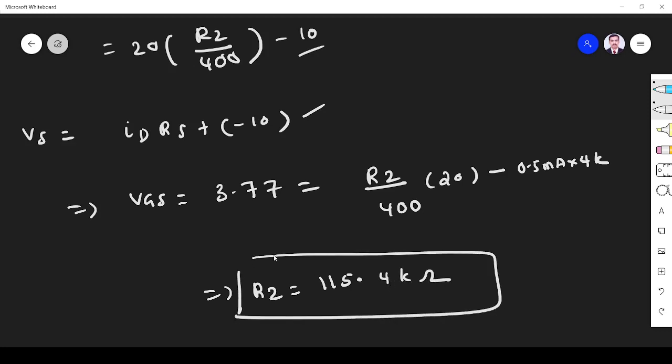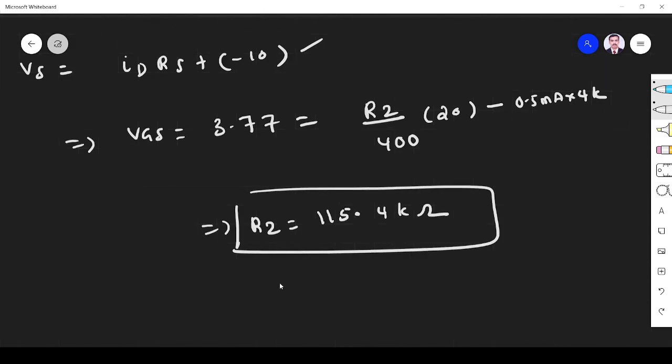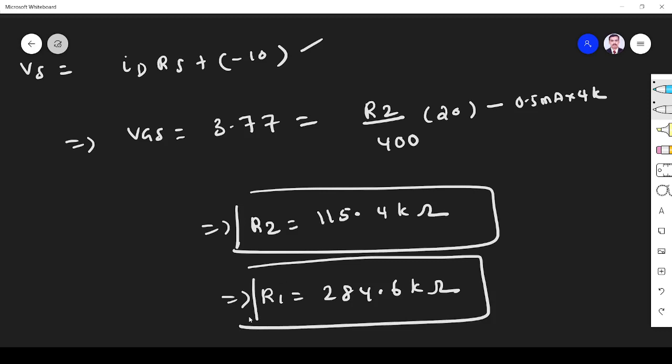We know R1 plus R2 is 400, so R1 is equal to 284.6 kilo ohm. So we found everything, right?